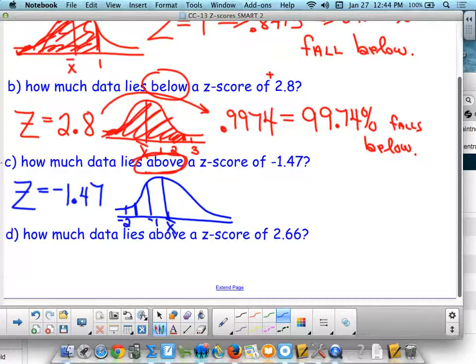Guys, I tried to draw it. It's hard to draw in these little spaces. Here's -1 deviation. Here's -2 deviations. -1.47 is somewhere around here. But I want what falls where?